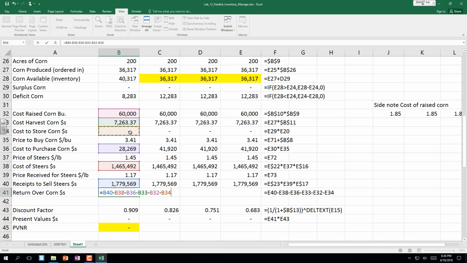Now, if I'd been thinking, I would have just added up all the expenses in one place, but I didn't. I was in a hurry to get this thing ready for class.